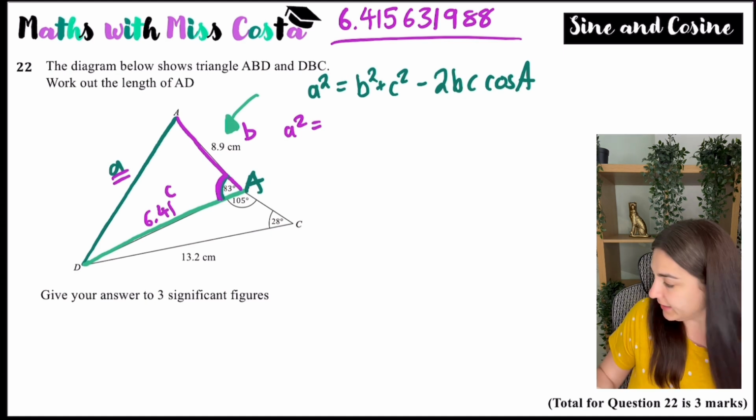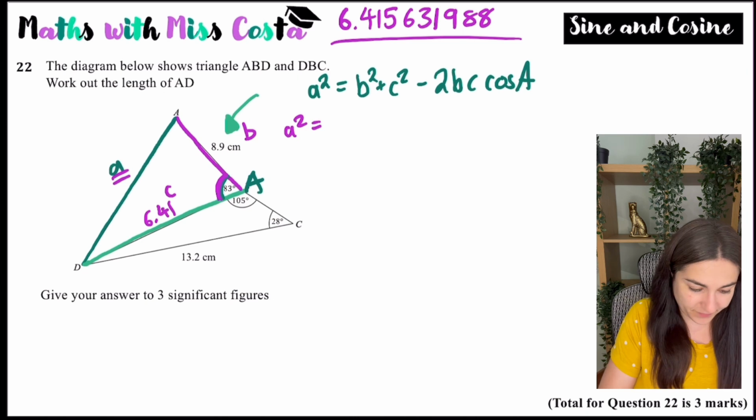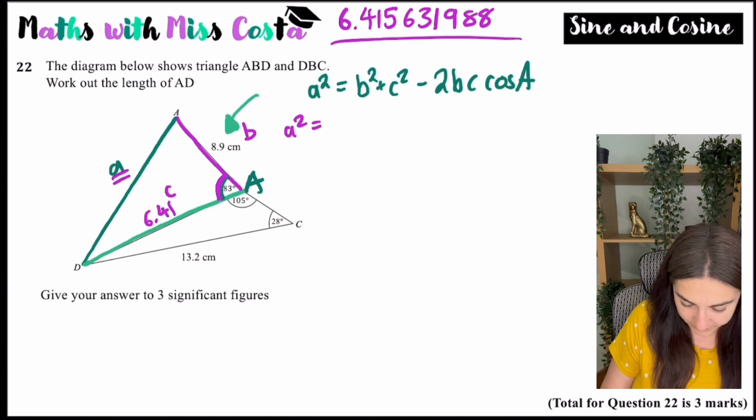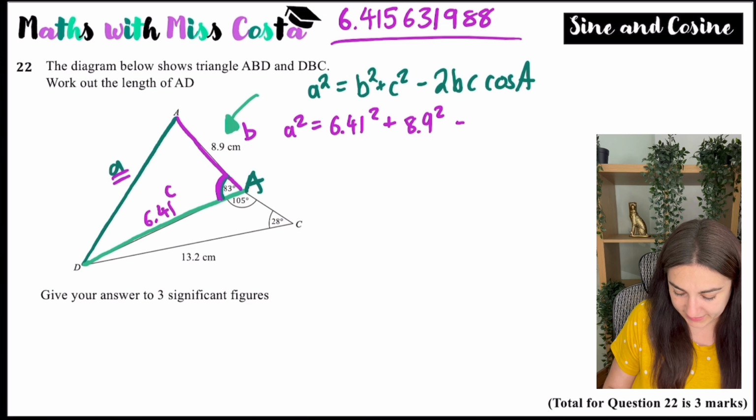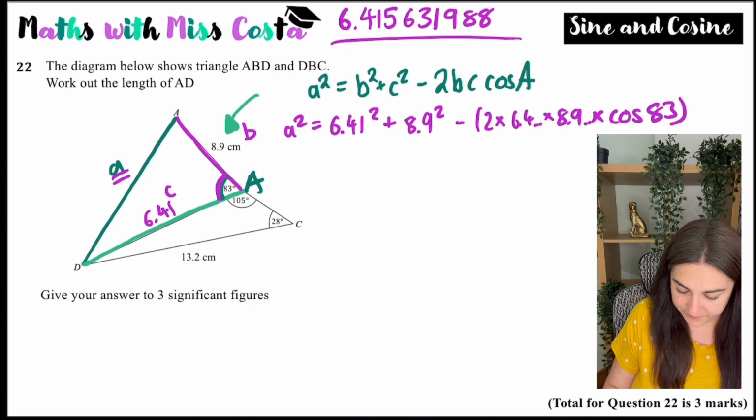So a squared equals, is it still memorized? Yep. 6.41 squared plus 8.9 squared. Oh, I put them the wrong way around, but it doesn't matter. Minus 2 times 6.4 times 8.9 times by cos 83.